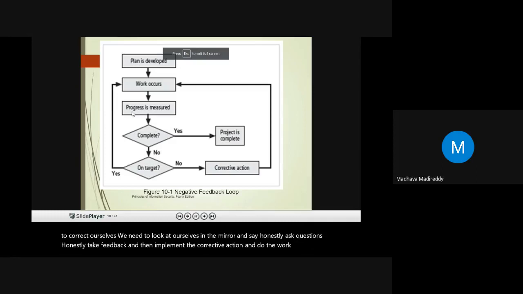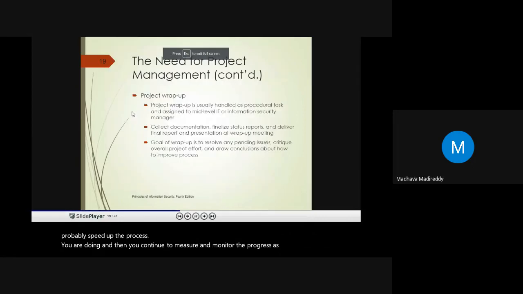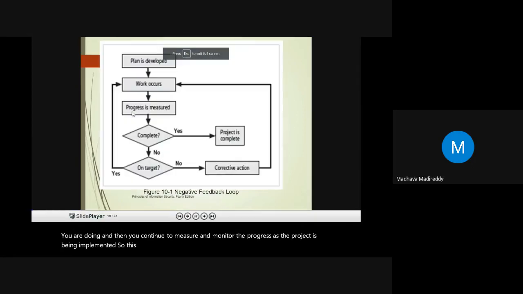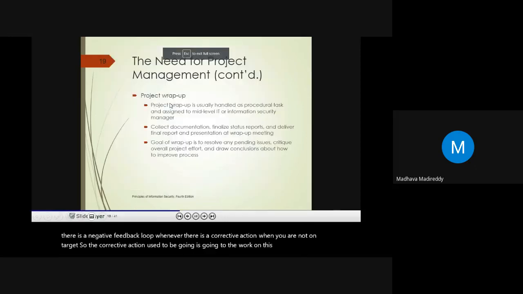But if we are on target, or just delayed a little bit, that's fine, and you just need to probably speed up the process, and then you continue to measure and monitor the progress as the project is being implemented. So this is basically a negative feedback loop. Whenever there is a corrective action, when you are not on target, the corrective action goes into the work, and this becomes a negative feedback loop.